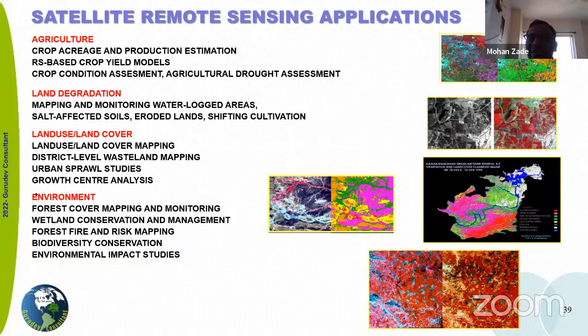assessment. So the number of applications is very wide, and these applications are currently being used in different government projects. Various government sectors and their departments are using these satellite images and GIS to map, analyze, produce and monitor their projects and programs.